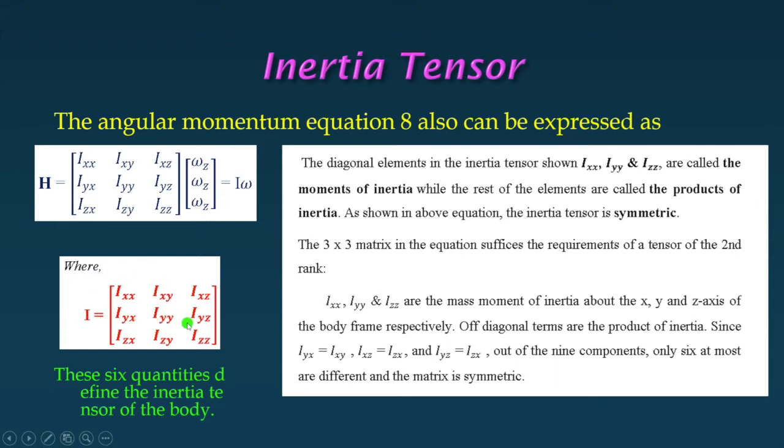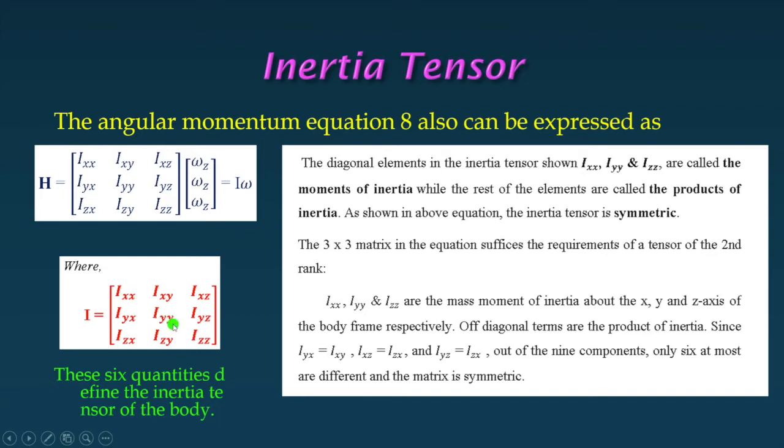Now in this second order tensor, you see this Ixx, Iyy, Izz, they are called the diagonal elements. This is known as the moment of inertia. Whereas Ixy, Ixz, Iyx, all these are called the product of inertia.